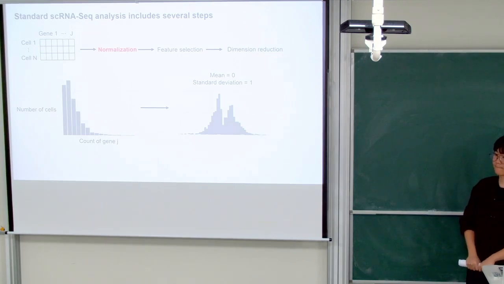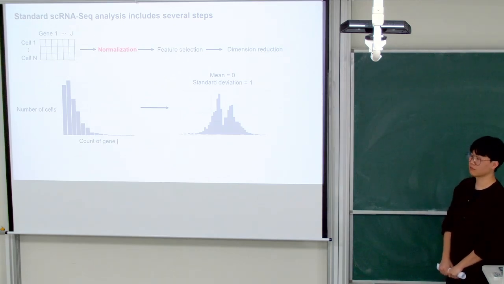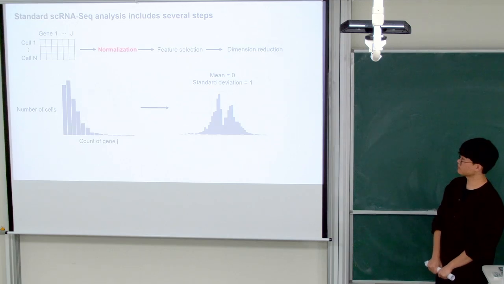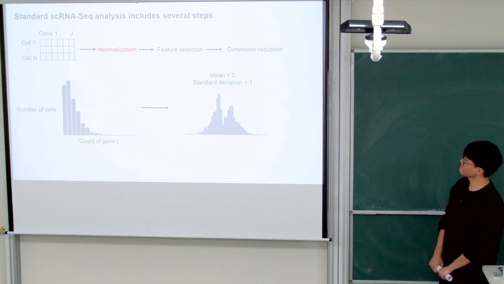And then if you look at the original data, as a count of the gene, it cannot have a negative value, right? But anyway, to get mean 0 and standard deviation 1, we have to change it to plus and minus values. And typical data, if we do the normalization, has some bimodal distribution that happens with the typical normalization.